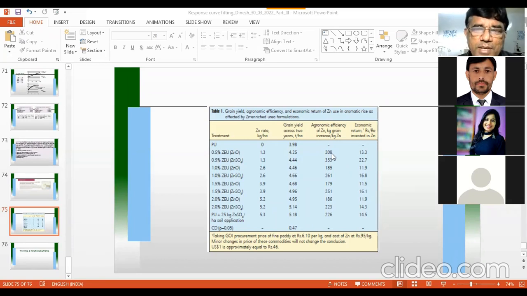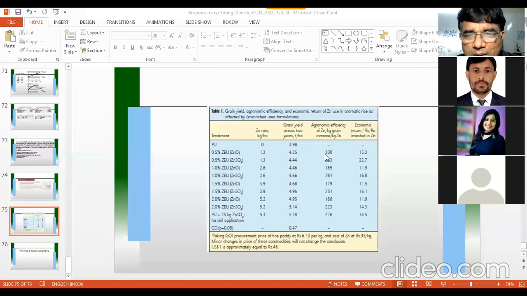Now similarly, you need to work out the cost of the input. Here you have 1 kg zinc, because 1 kg zinc has given you 208 kilograms of grain. Therefore, you need to know the cost of 1 kg zinc. The cost of 1 kg zinc was 95 rupees at that time.